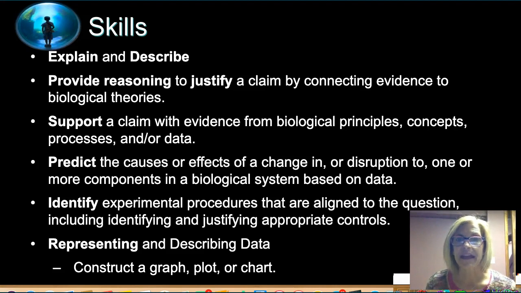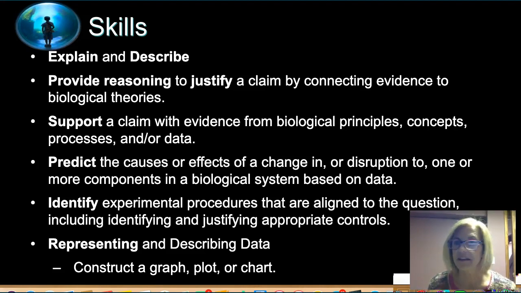Make the claim, justify it with evidence. What examples can you give, or what data supports your claim, and then provide reasoning. Why is that piece of evidence indeed evidence? How is it connected?